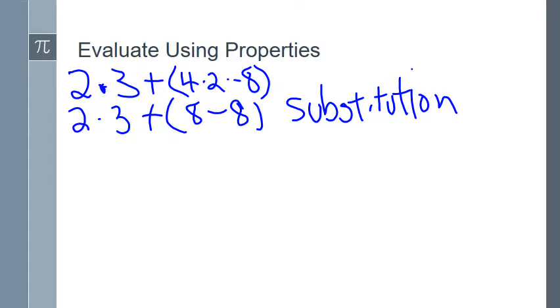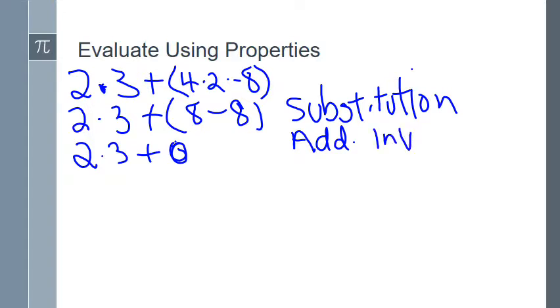All right, so next step, we're still inside the parentheses. We've got 2 times 3, and we're going to evaluate inside that parentheses. And so 8 minus 8, of course, is 0. The property we used for that is the additive inverse, and I'm just going to write add inverse.